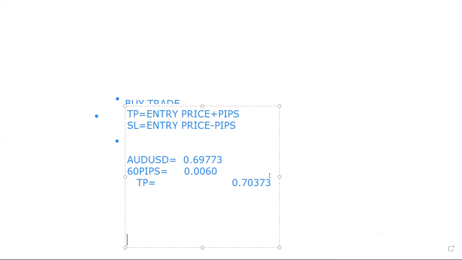Okay, so now I've done 0.69773. So I should add 0.0060. Is that what you're saying? Yes, because 0.0060 is the equivalent of 60 pips for this kind of currency. Do you get?